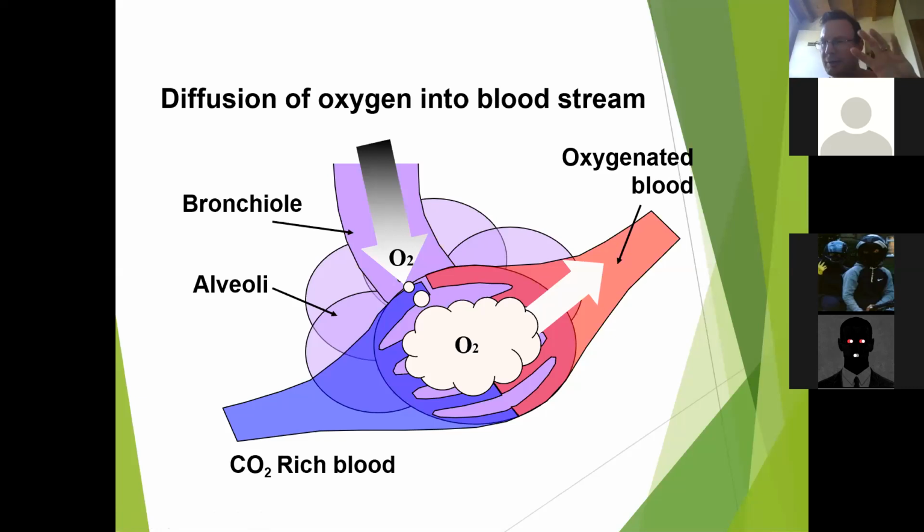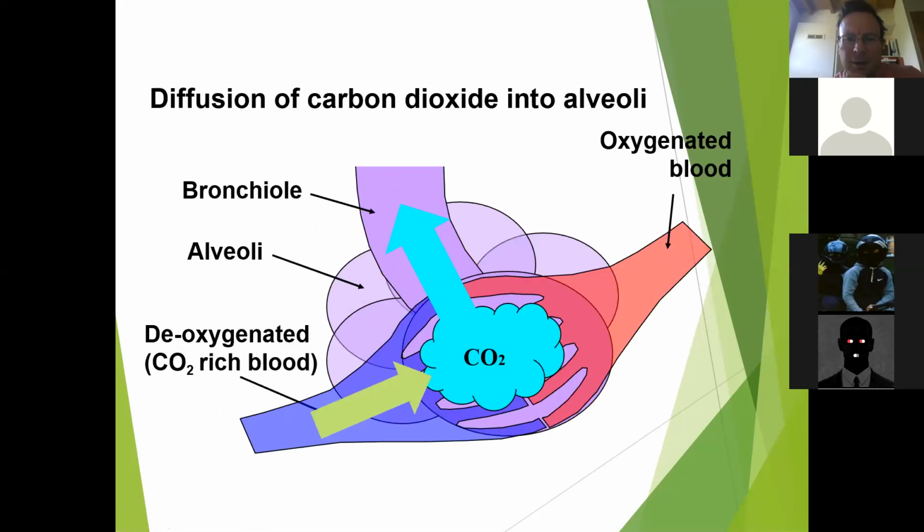This is a capillary surrounding the alveoli, and oxygen is being transferred into that blood. So it goes from that blue color to a red. So it's becoming oxygenated. On the way back, what we see in this slide is carbon dioxide leaving the bloodstream and going into the alveoli.